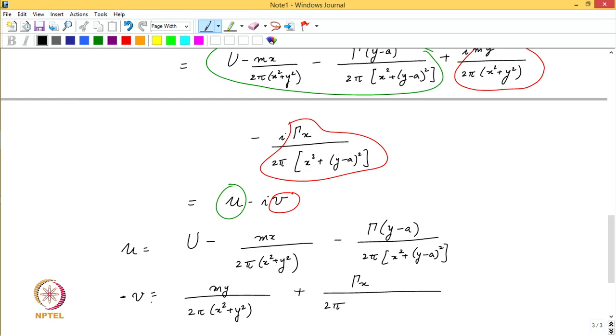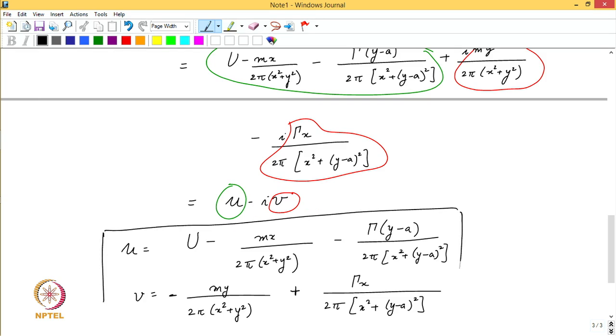This should be minus v and there is a minus sign here, right. So, this should be minus gamma x by 2 pi, over x square plus (y minus a) square. Or if you want to remove the minus sign from both sides, we could just multiply both sides by minus 1. So, this becomes minus here and this becomes plus, that gives us v. So, this is the final velocity that we were trying to derive.